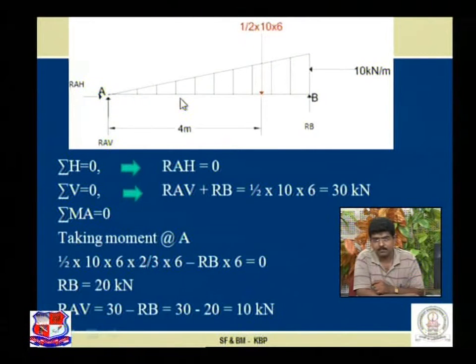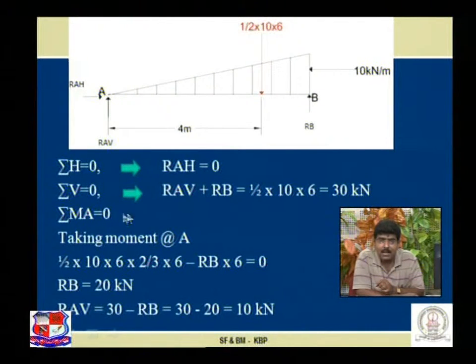If we go for sigma V is equal to 0, the sum of all the vertical forces equated with 0, then all the upward forces are equated with the total downward force. RAV and RB are both upward, hence RAV plus RB is equal to the total downward load, that is half into 10 into 6, which is 30 kilonewton.